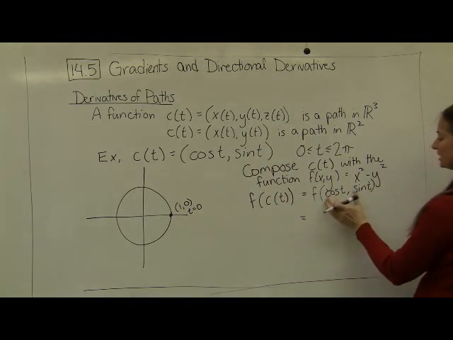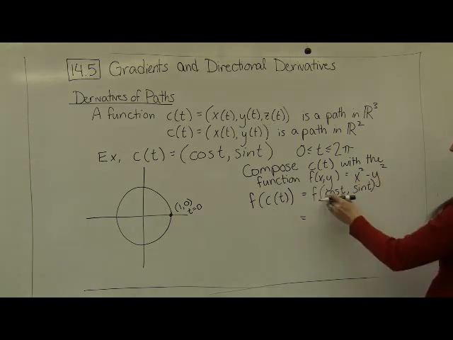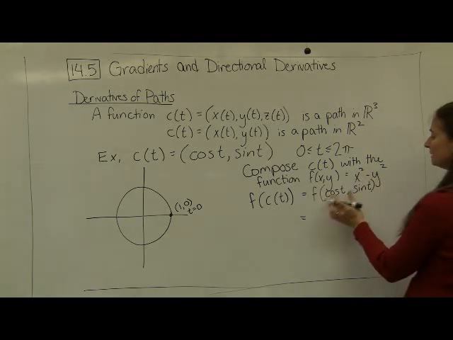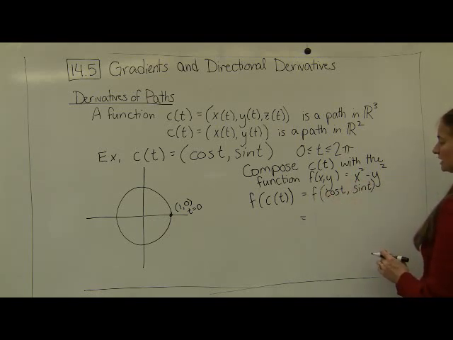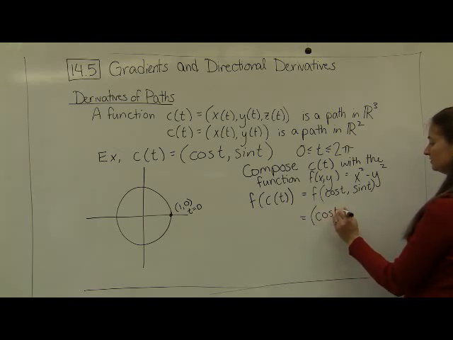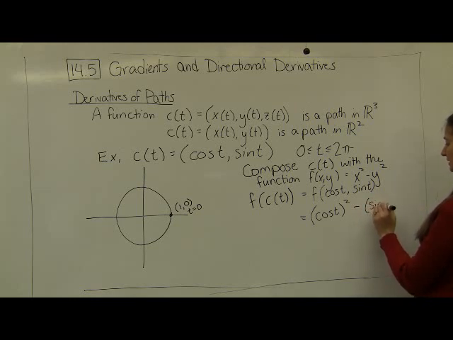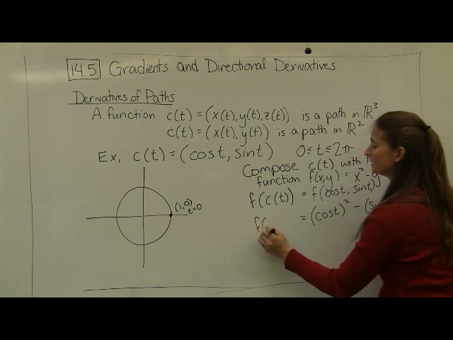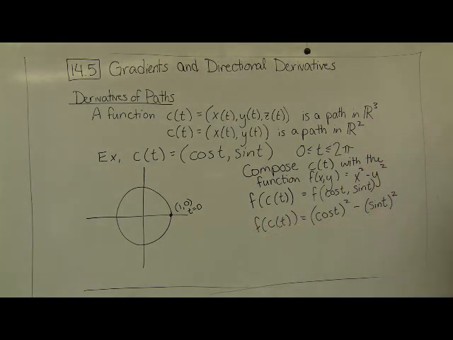And I can evaluate this given this function x squared minus y squared, and I see that my functional outputs, I'm replacing my x coordinate with whatever the x component function is, which in this case I get cosine of t squared minus sine of t squared. So this is how I would algebraically represent a composition of this function with this path.